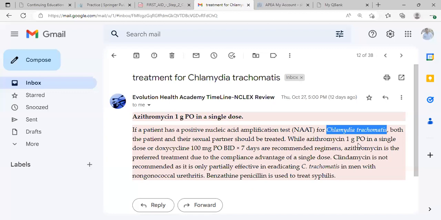Azithromycin 1 gram PO in a single dose or doxycycline 100 milligram PO for 7 days are the recommended regimens. Azithromycin is the preferred treatment due to the compliance advantage of a single dose. Because of the single dose, patients prefer it, but doxycycline 100 milligrams for 7 days. But remember, azithromycin 1 gram, and this is doxycycline 100 milligram.